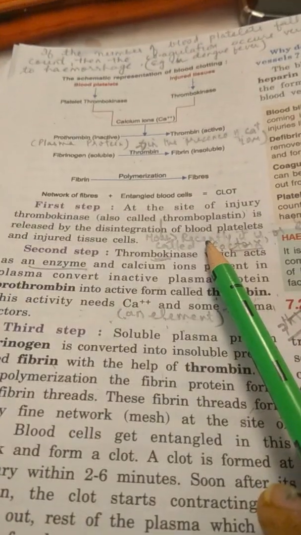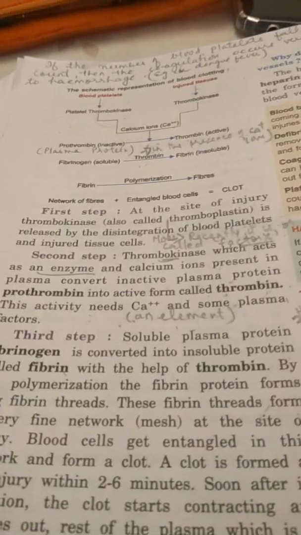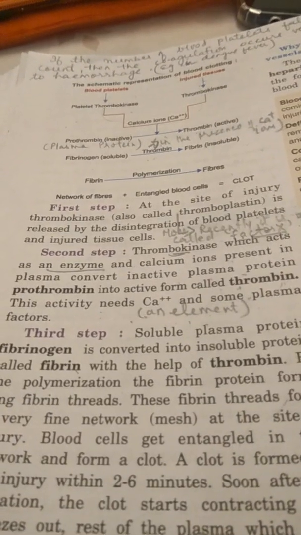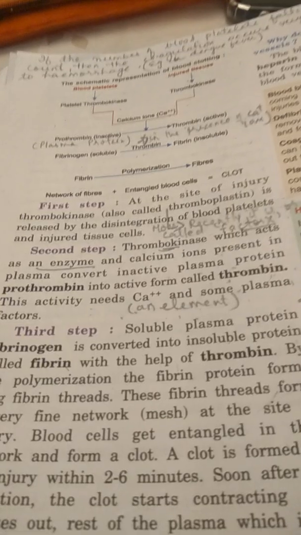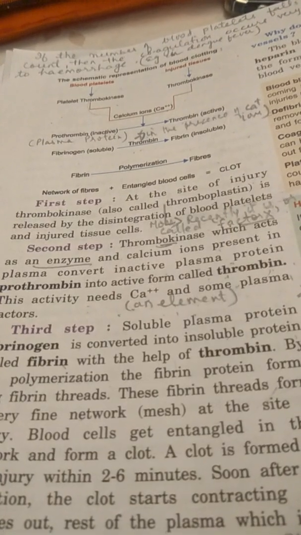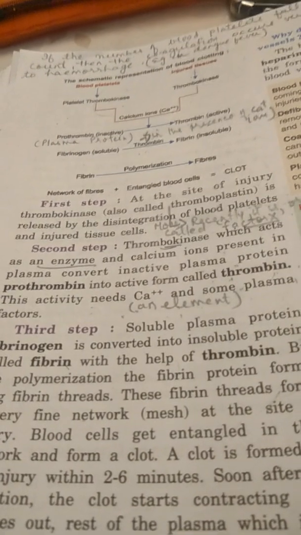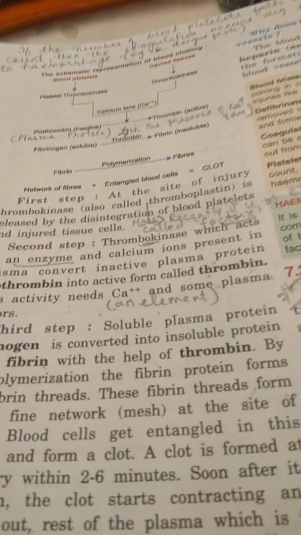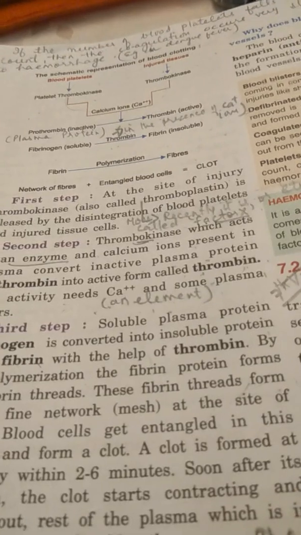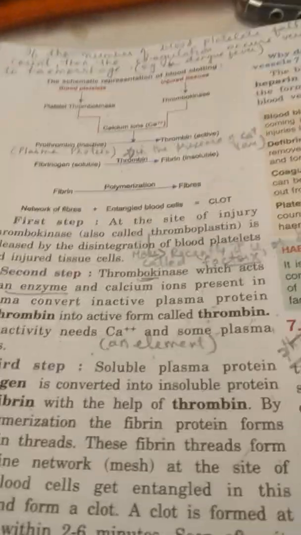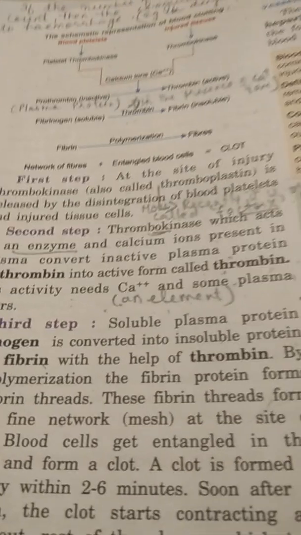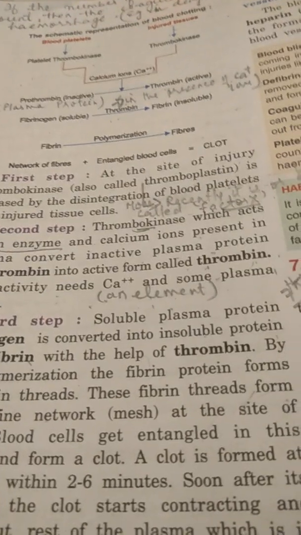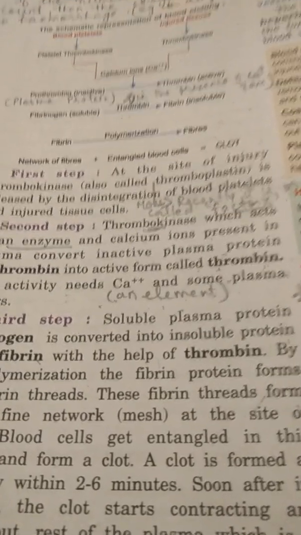In the first step, at the site of injury, whenever any part is injured, the blood platelets and the injured tissue cells will get disintegrated. They will break down and release a chemical substance called thrombokinase or thromboplastin, recently called Stewart factor or X factor.